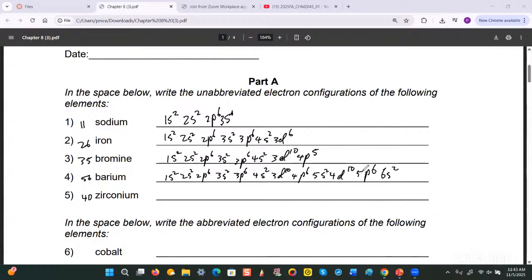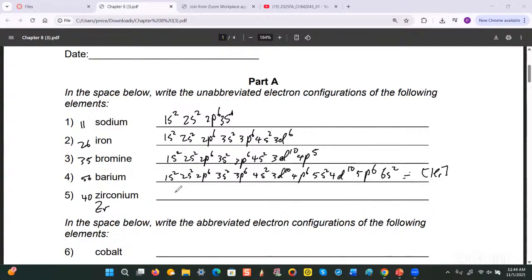The symbol is Zr. I thought you were asking for the abbreviated version, which uses the noble gas before it. For barium, the noble gas before it is krypton, so the abbreviated version would be Kr.